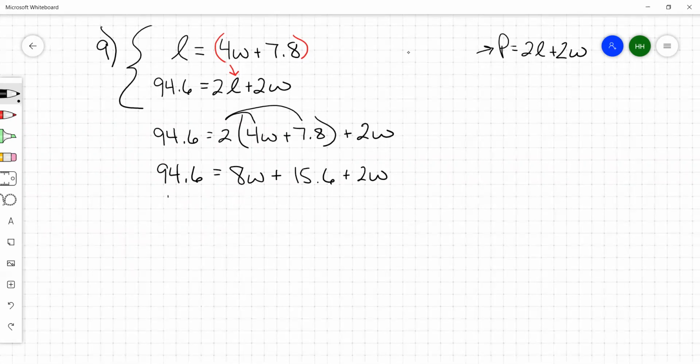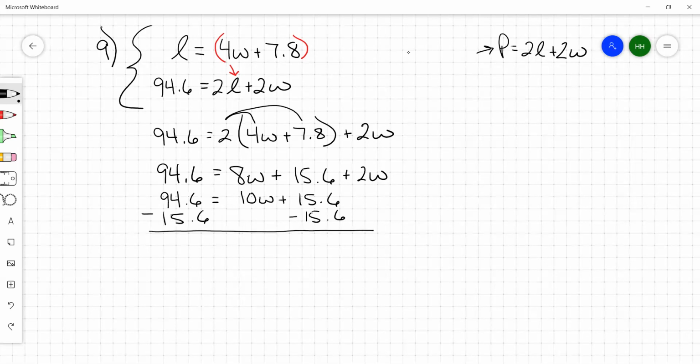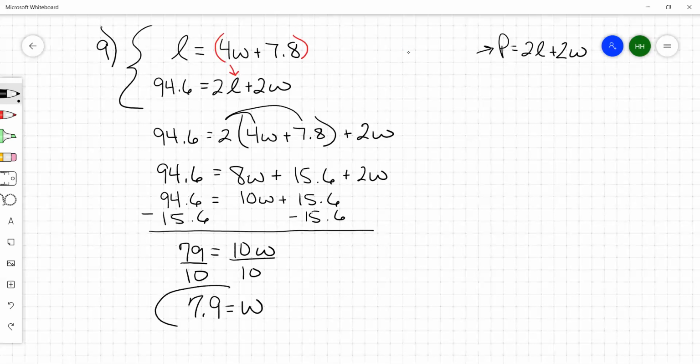So we got to combine the 2W's. The 8W and the 2W, that's a 10W. Subtract 15.6. And I already did it. That's 79 equals 10W and divide by 10. So your width is 7.9.